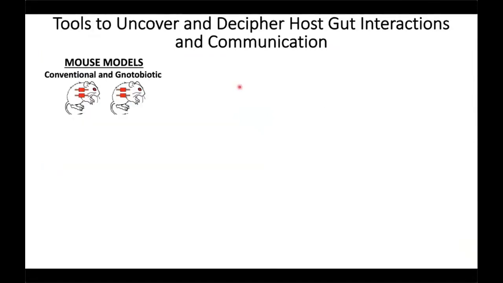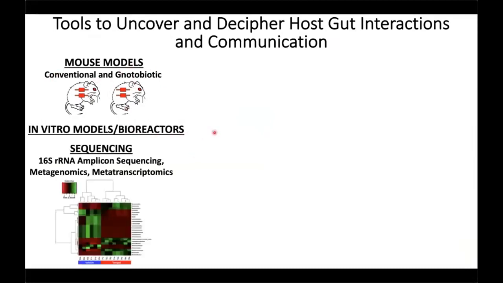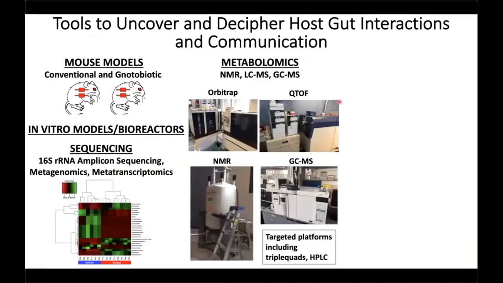Within the lab, we have a lot of different tools that help us to work on this signaling pathway or this communication network between the host and the microbes. Mouse models, whether they're conventional or gnotobiotic, or those that have a defined bacterial population. We use in vitro models and bioreactors that help remove the host from the equation. Sequencing-based approaches, but important to this talk today, a lot of metabolomic tools, including NMR and mass spec, that allow us to really capture this chemical signaling that exists between the host and the microbes.